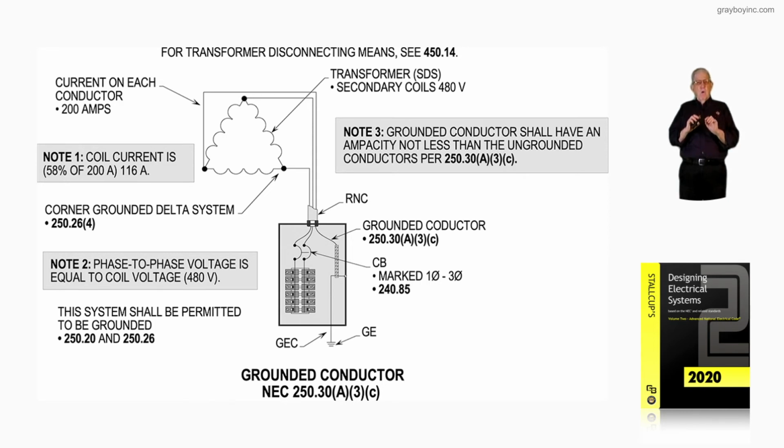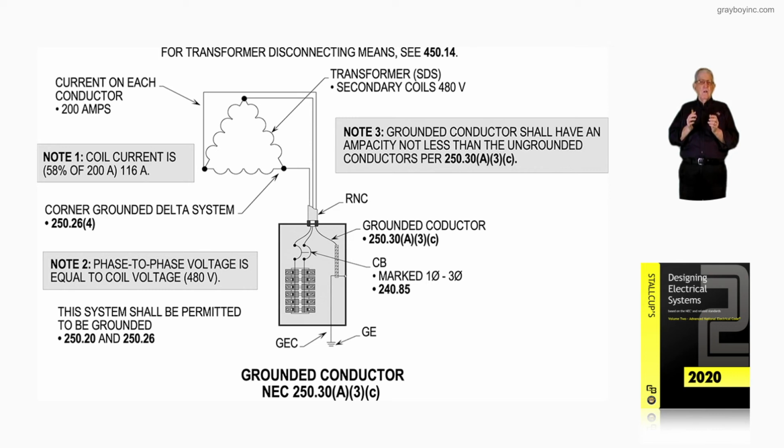Where a straight mark breaker is 600, 480, 240, straight mark. And it can be used on any system. But the slash mark breaker that references the voltage to ground, like 120/240, 120/208, 277/480, can only be used on a solidly grounded system, as you see in the panel board.